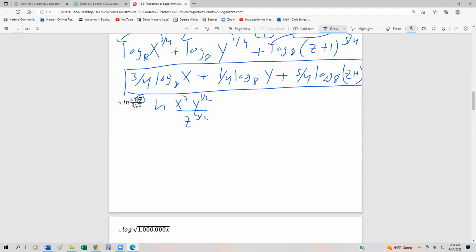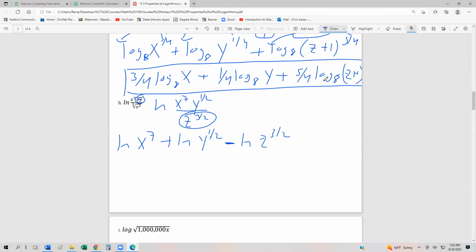We can write this as three separate logarithmic statements: two multiplication, one division. So this is going to be natural log of x to the 7th plus natural log of y to the 1/2 minus, because it's in the denominator, natural log of z to the 2/3.